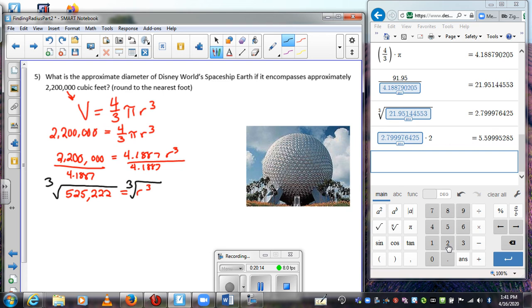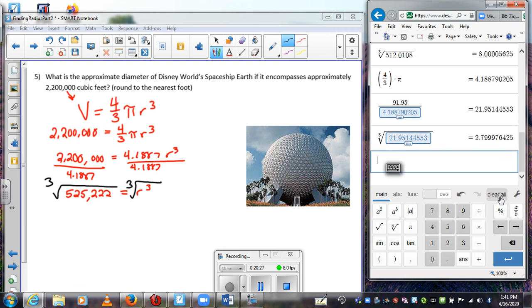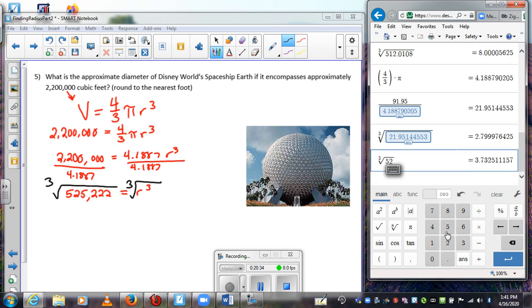Alright, so I'm going to go over here and type in 525,222. I messed up again. I have to type my index first, then type 525,222. Hit enter. I forgot a digit somewhere.